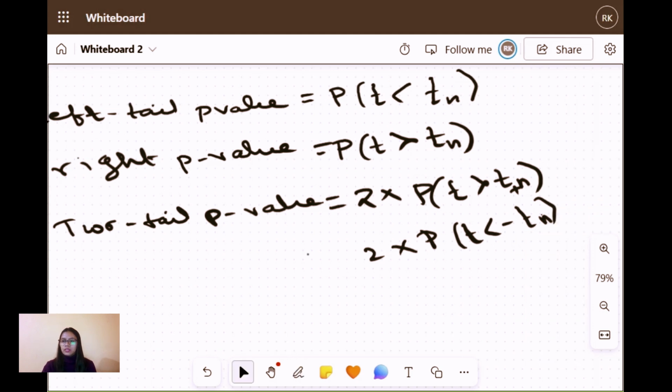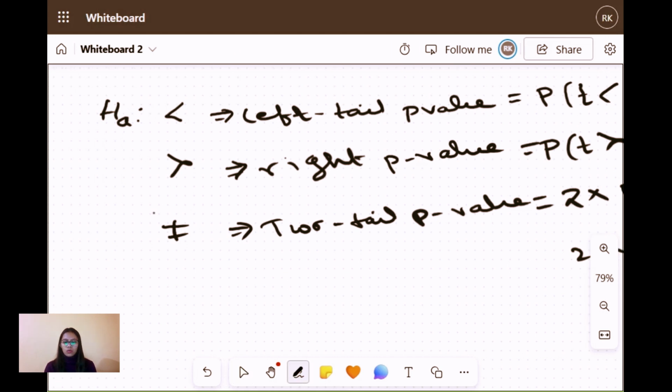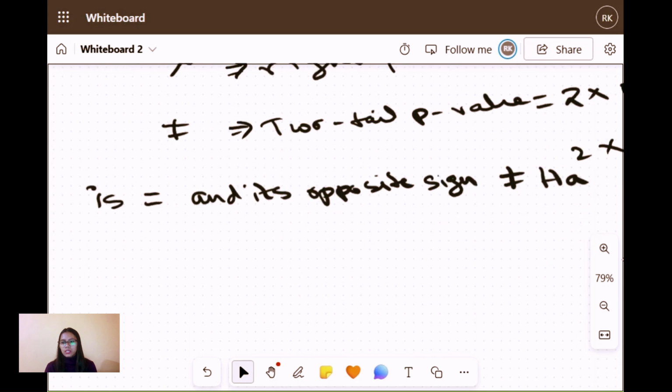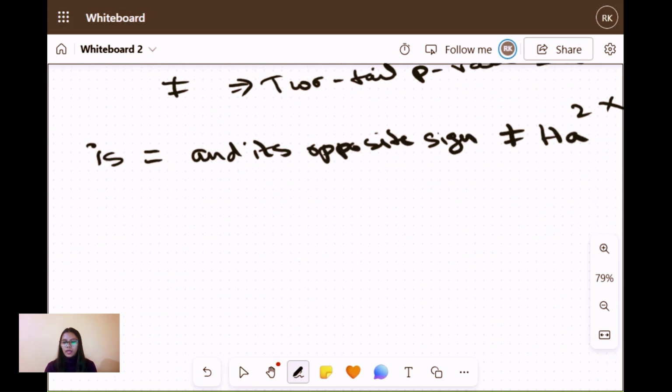This is how the p-value works. And we have already discussed that the equals to sign and its opposite, not equals to, must be considered under each alternative hypothesis.